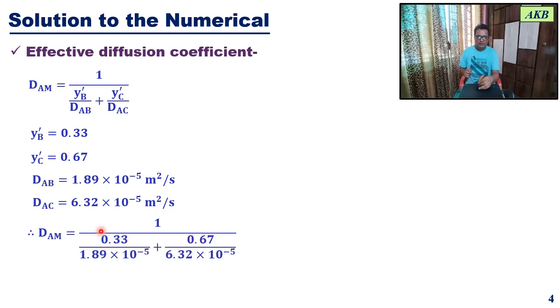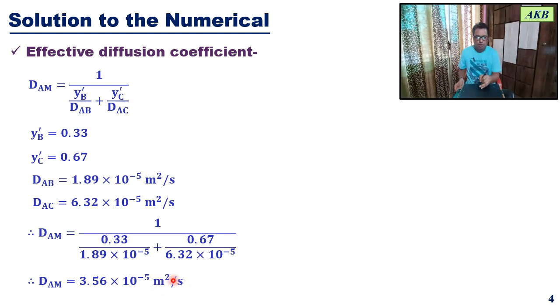So placing everything at their appropriate place, you get this. DAM is 1 upon 0.33 divided by 1.89 into 10 to the power minus 5 plus 0.67 divided by 6.32 into 10 to the power minus 5. And if you solve this, you will come to know DAM comes out to be 3.56 into 10 to the power minus 5 meters square per second.